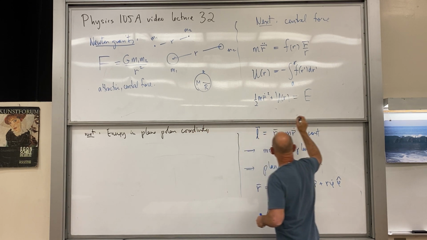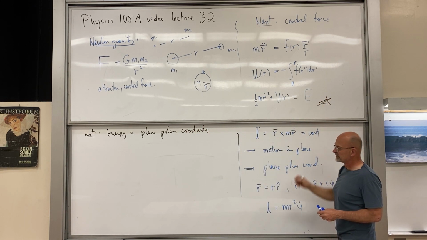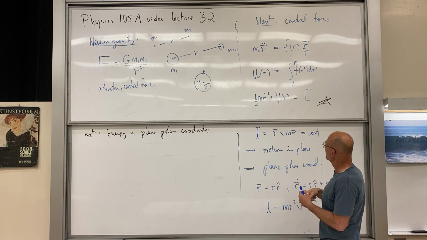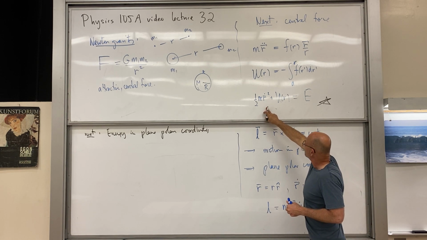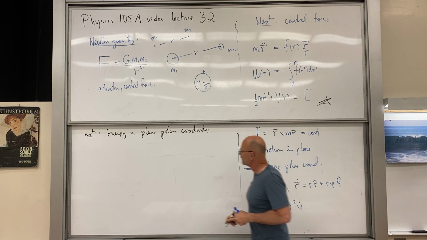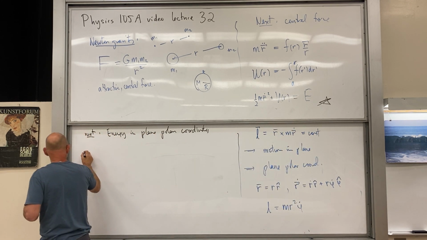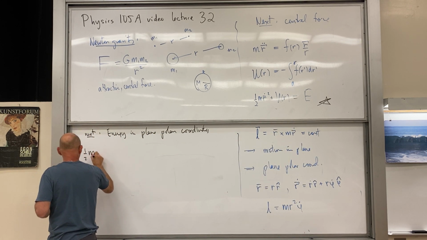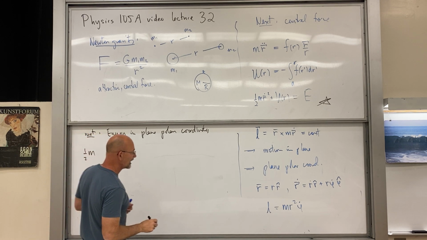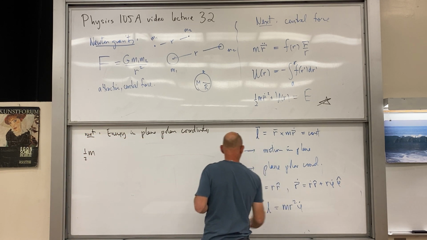And that energy expression is this one. We have 1/2 m times r dot squared, where r dot squared is this expression squared.